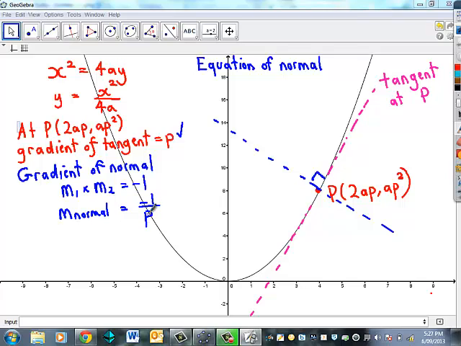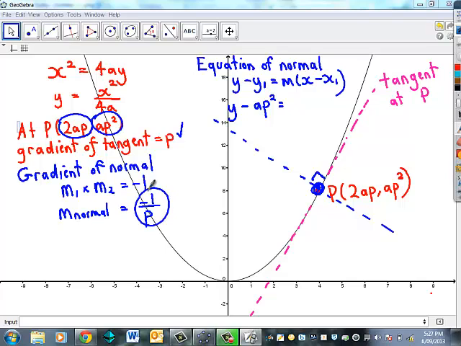And we can use that fact in conjunction with the equation that we use to find the equation of a straight line, and using the coordinates of the point that is on the normal to work out the equation of the normal. So substituting in the values of the point, we would have y minus ap squared equals m times (x minus 2ap).